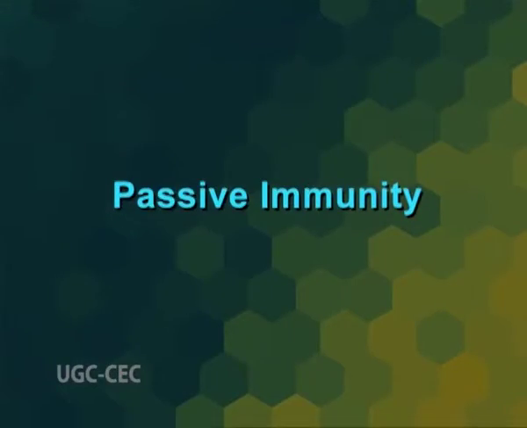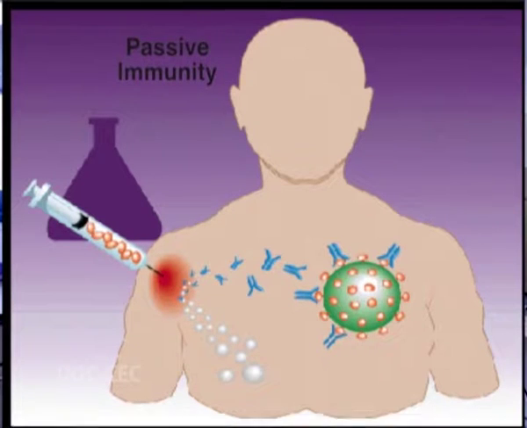Passive immunity. Passive immunity can be provided to the host by administering pre-existing antibodies. The host's immune machinery does not participate in providing immunity because there is no antigenic stimulus. The antibodies are raised in some other individual to provide immunity to other recipients.